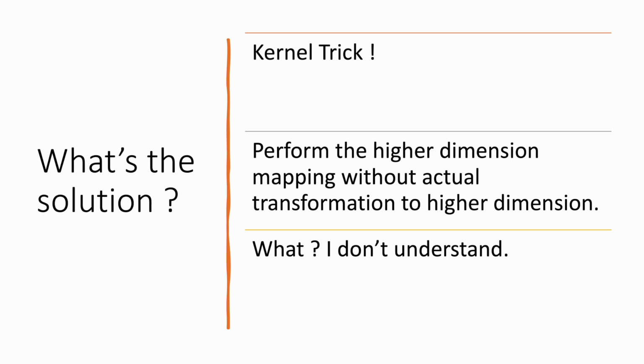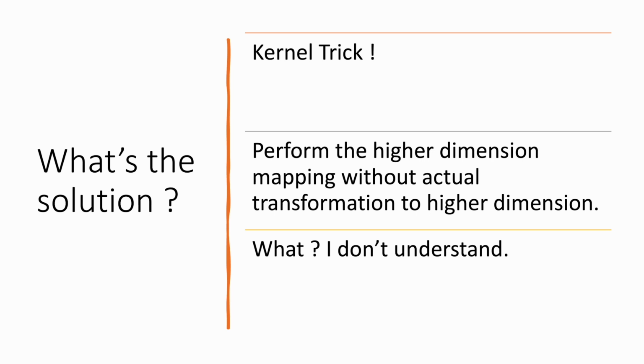Now, what do I mean by that? You'll map, but you'll not do the calculation. Let me explain. Unlike feature engineering, where you actually transform the data, doing that f(x) mapping, over here we'll do these calculations without actually doing the transformation.